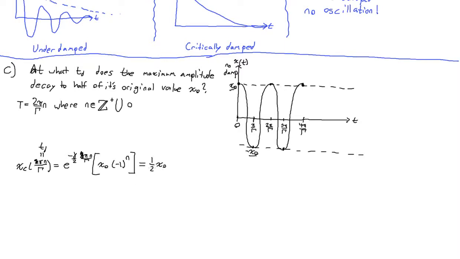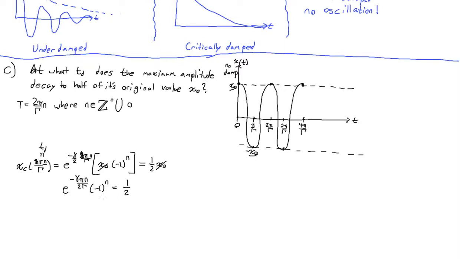Half the amplitude, right? So, essentially, our x naught's going to cancel out, and we're going to be left with e to the negative gamma pi n over 2 big gamma, right? Times negative 1 to the n, which is equal to 1/2.